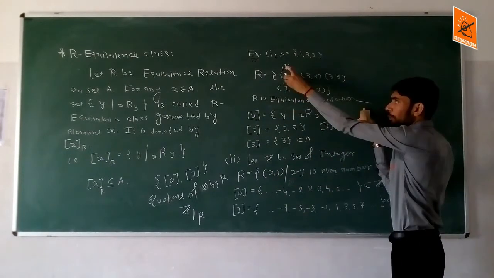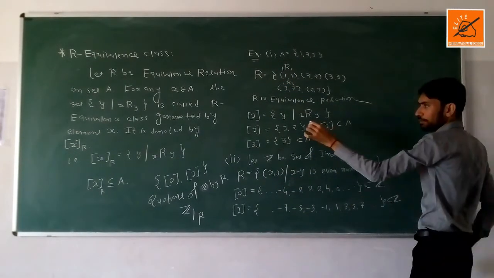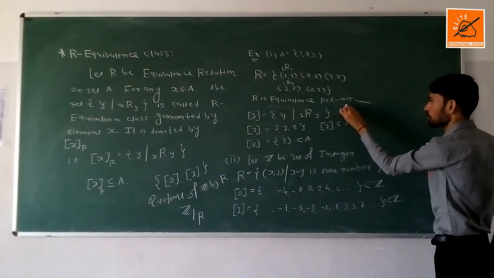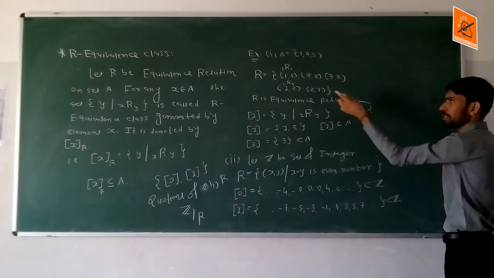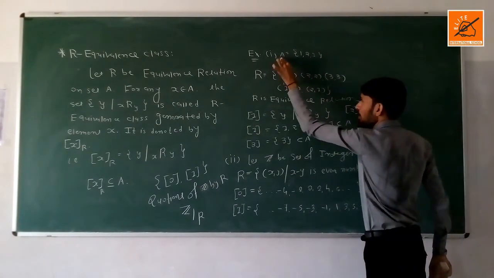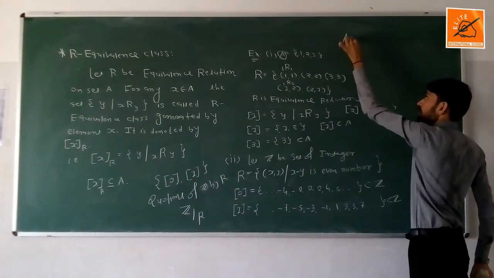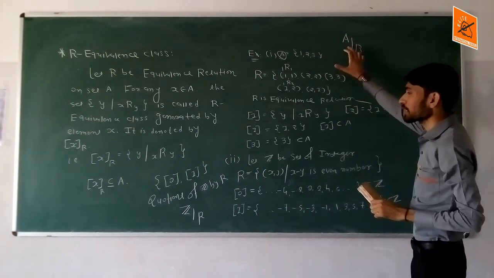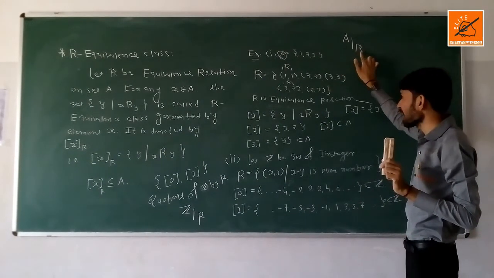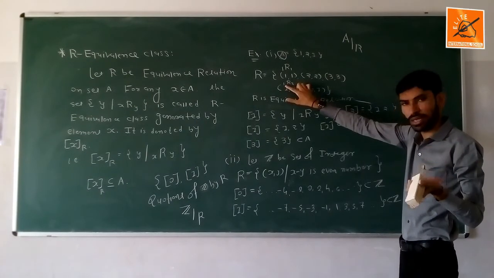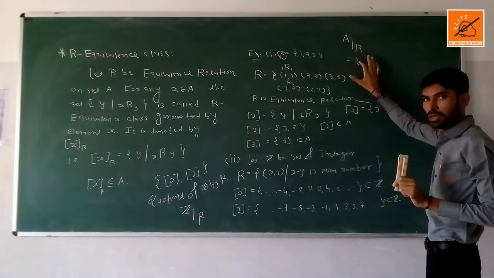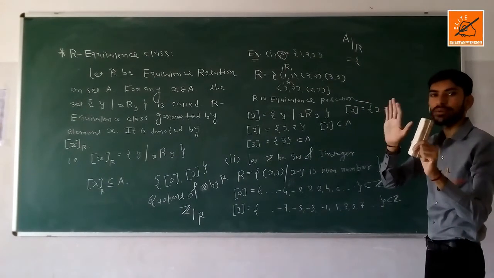Now in the earlier example, our equivalence classes are 1, 2, 1 and 3. Here we find the equivalence class of 2, which in this example is 1, 2. Now to write the quotient of A by R, we denote our set as A, so we write A by R. This notation is read as the quotient of A by R. Here R is whatever relation we define. So the quotient of A by R is nothing but the collection of all equivalence classes.